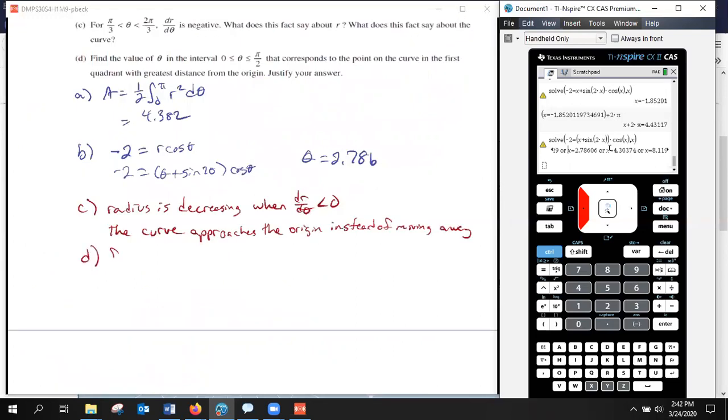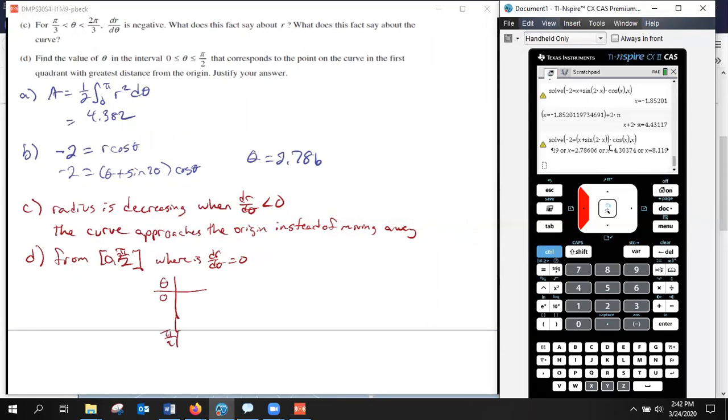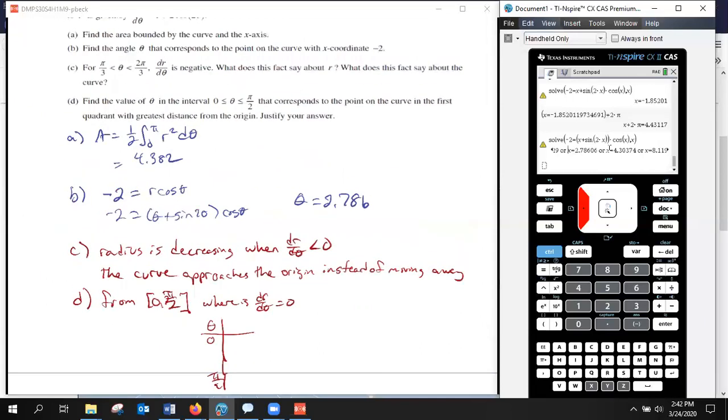From 0 to pi over 2, which is what we're looking for, we need to know where dr/d theta equals 0, where our derivative equals 0, so that we establish our critical numbers. Once we know our critical numbers, we compare them to endpoints. So when theta equals 0 and when theta equals pi over 2 are going to be my endpoints. And then I need to know where dr/d theta equals 0.